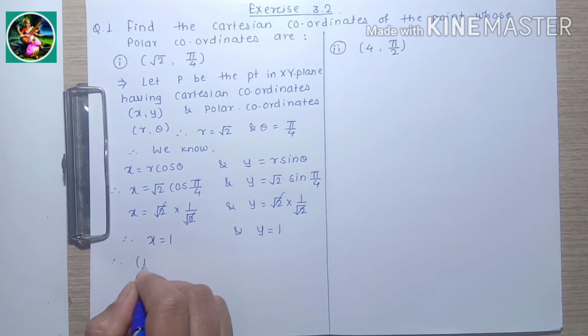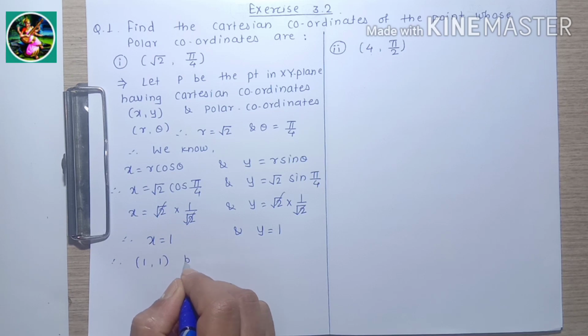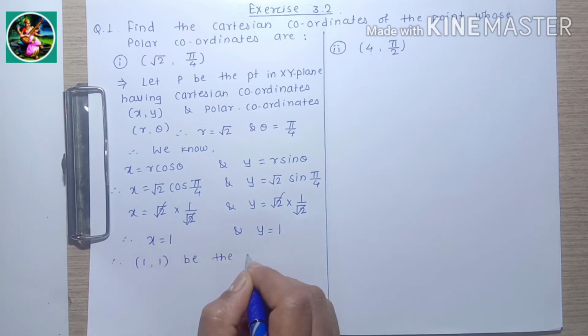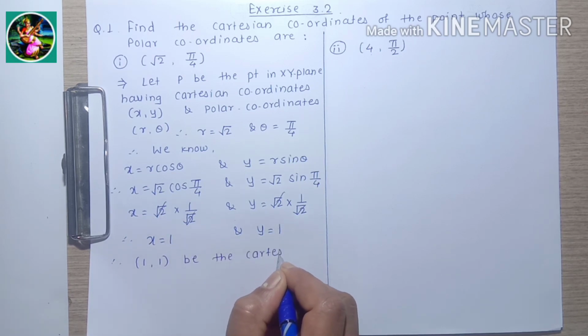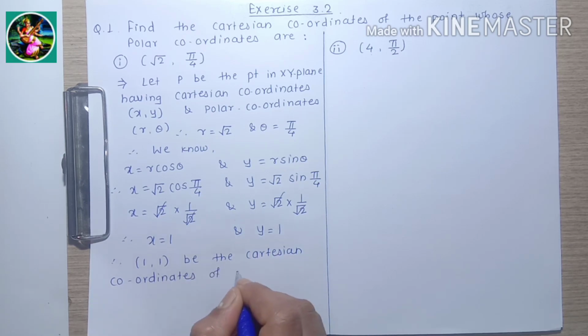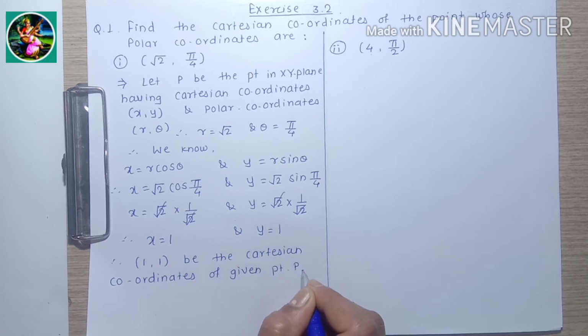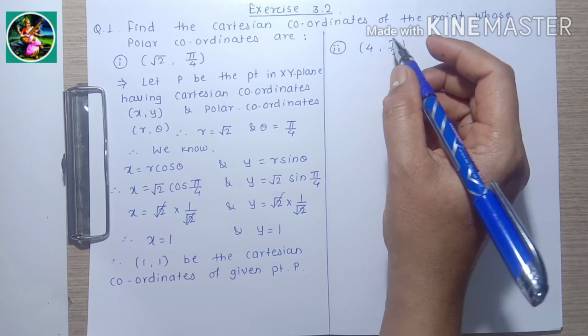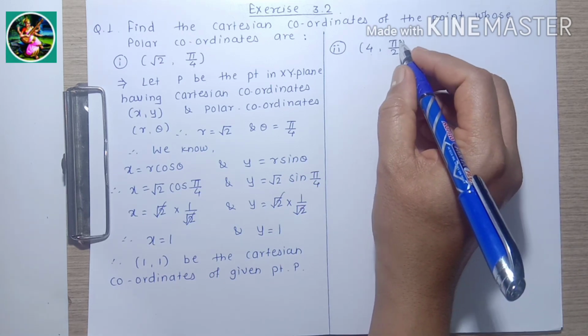Therefore, (1, 1) is the Cartesian coordinate of the given point P.